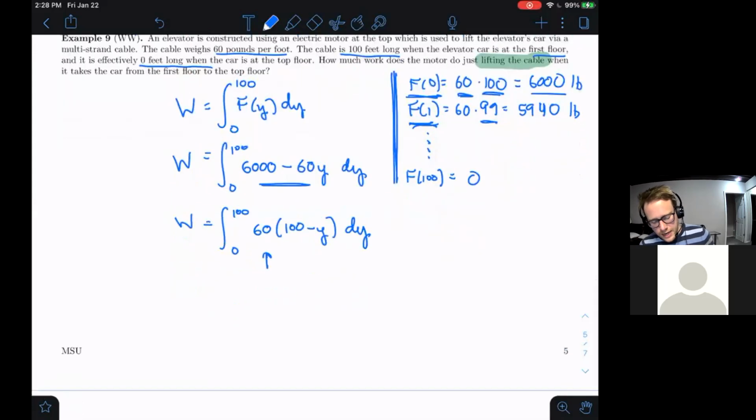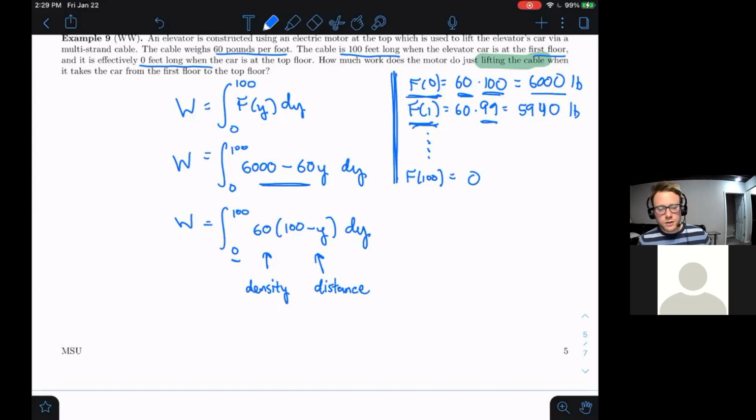So again, you can think of this as density, 60 pounds per foot. And this right here is the distance, right? So for instance, if you haven't lifted up any, there's some at the very bottom that has to be lifted up 100 feet. And there's some 1 foot up that has to be lifted up 99 feet. So density times distance. And I guess the big thing here is that that's linear density, and that will become important later on.